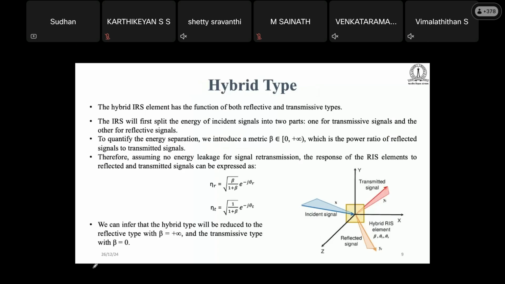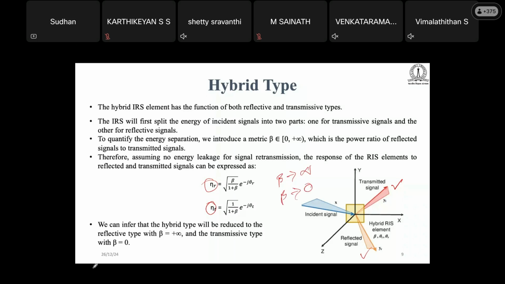So the entire signal energy is divided into two parts. One is the transmitted signal, the other is the reflected signal, and the coefficient depends on that. You can see this is a reflective coefficient, and this is a transmitted coefficient. Now from here, if you want to make it only reflective, then make beta tend to infinity, and if you want to make it fully transmissive, then put beta tending to 0.